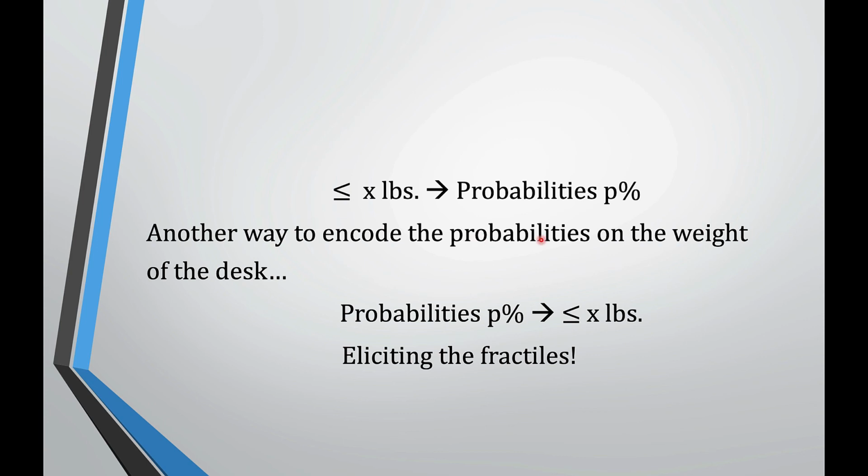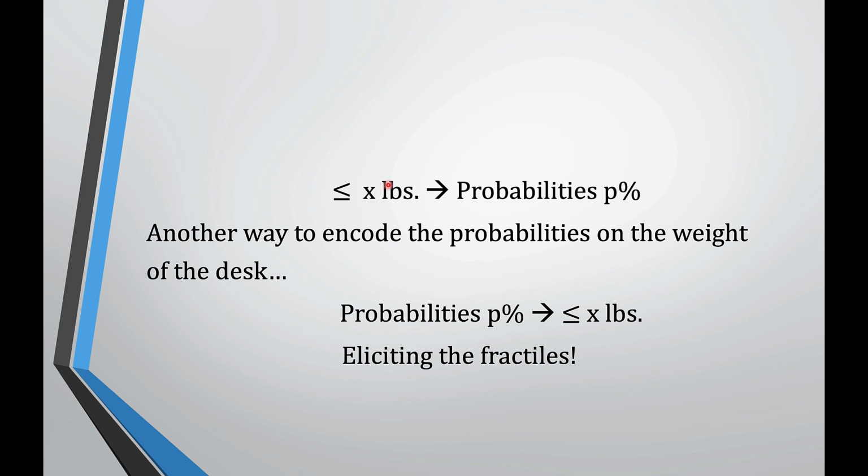So again, we're using the weight of the desk as an example. Okay, still recall that before we started with a requirement that gives a certain range on the weight of the desk, say less or equal to 150 pounds. And then we ask the question, what is the probability that the weight is less or equal to X pounds?